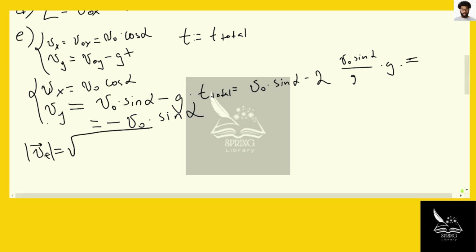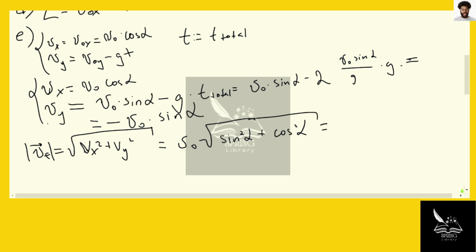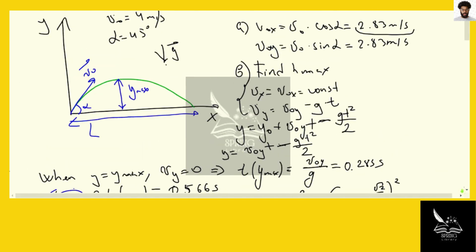So the total final speed equals the square root of the sum of squares of its components, which is v0 multiplied by the square root of sine square alpha plus cosine square alpha. So it numerically equals the initial velocity. Basically its direction will be changed.